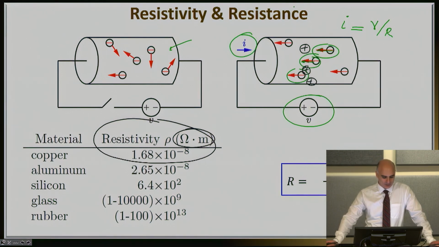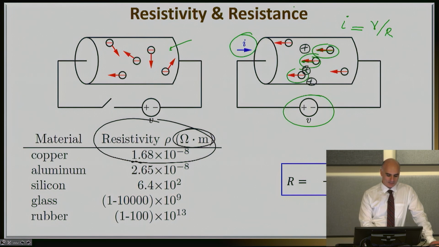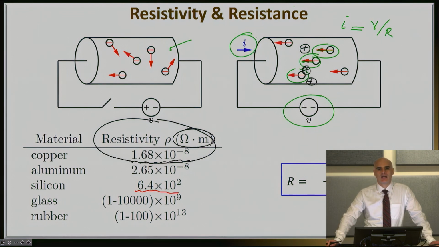So copper, for example, has a very, very low resistivity because it's a very good conductor, meaning current can flow very easily through copper. On the other hand, silicon is a much worse conductor, and in fact, later on, we're going to say that this is a semiconductor. It's somewhere in between a conductor and an insulator.